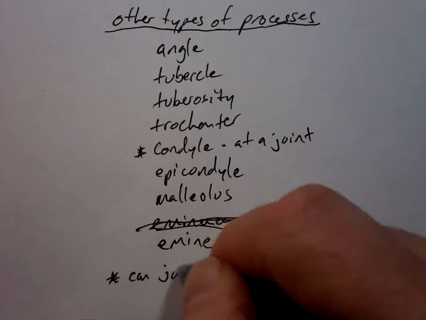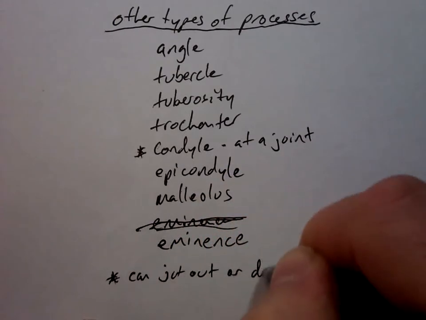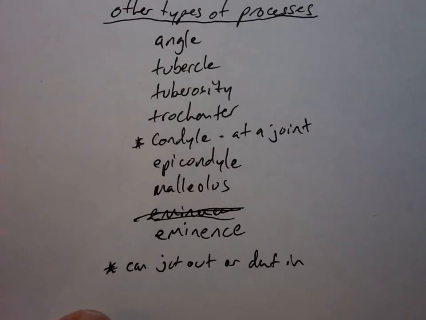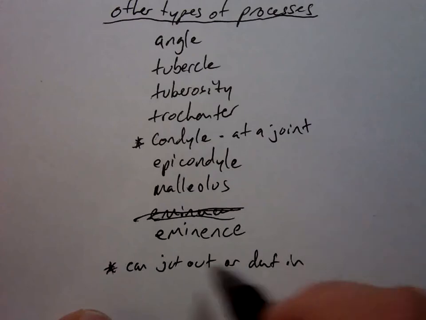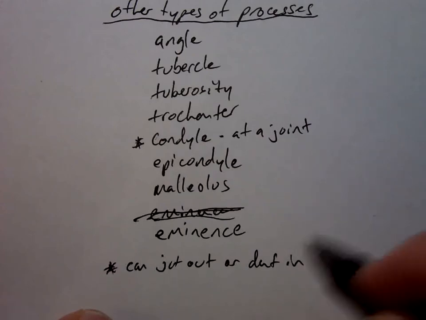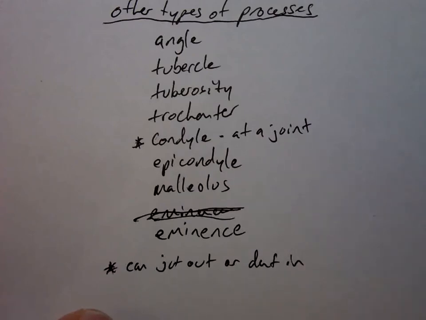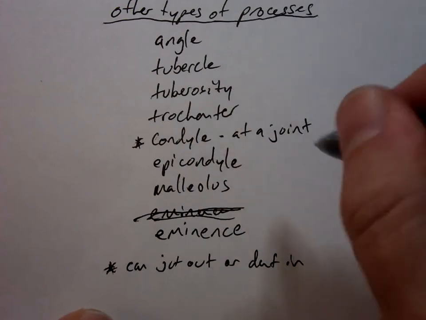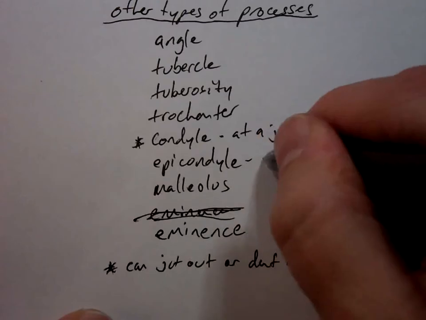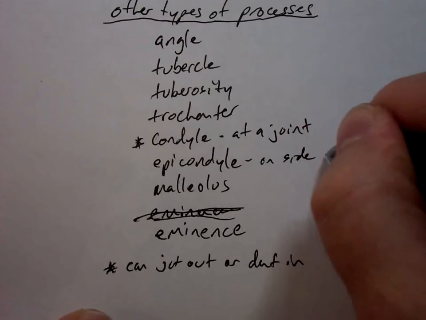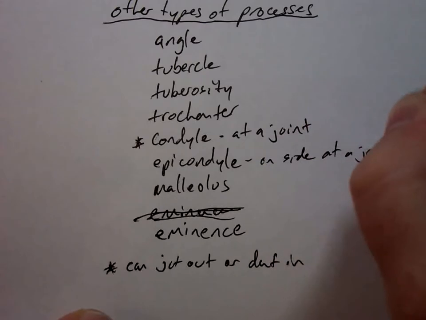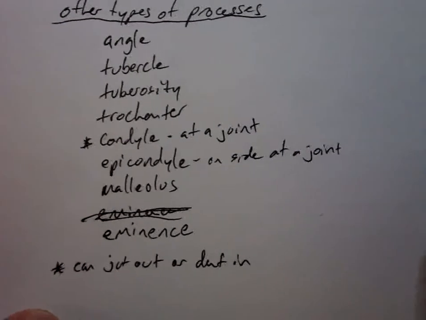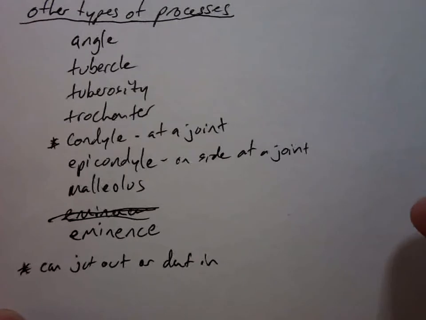Can jut out or dent in. So that's kind of a weird exception for condyles. Sometimes they will actually dent in, and by that definition they're not really going to be a process, but most of the time they stick out. Epicondyles on the side at a joint. Okay, let me try to illustrate this.